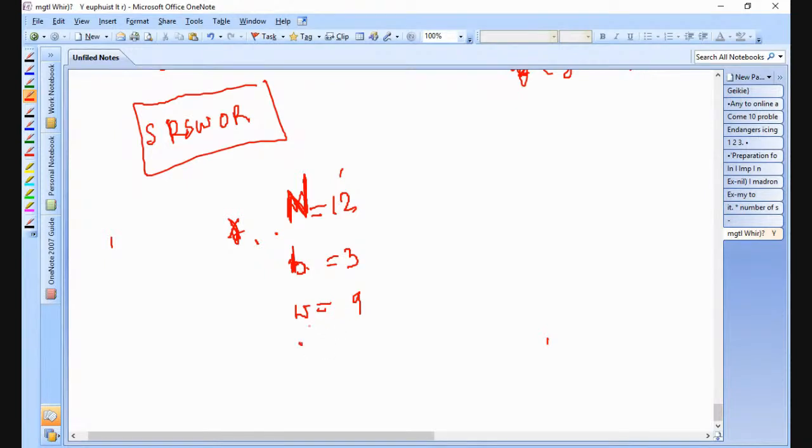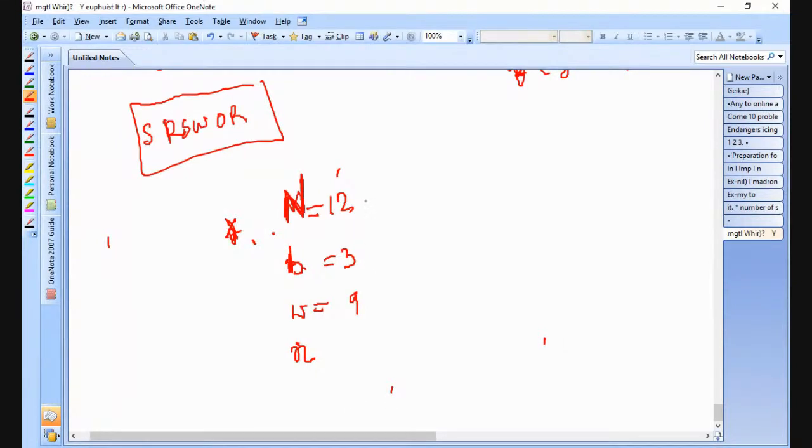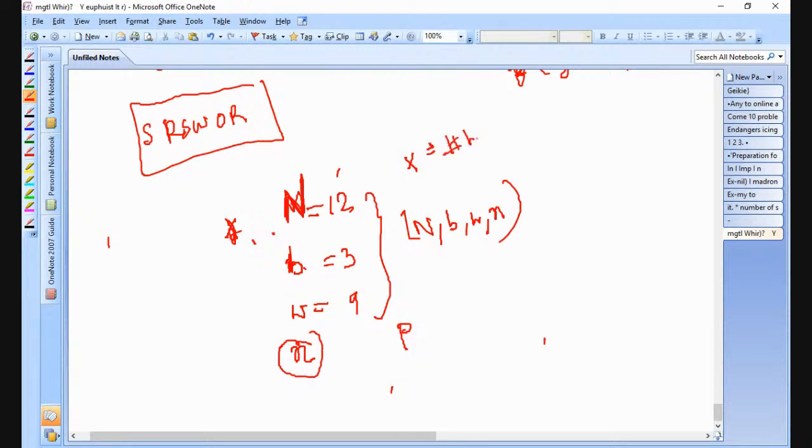Now understand that if we are taking small n balls out of these 12 balls, then we have hypergeometric (N, B, W, n). If we take out n balls, X is the number of black balls. Then X follows hypergeometric.